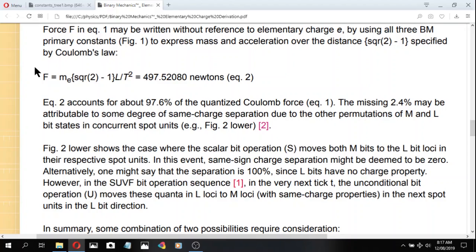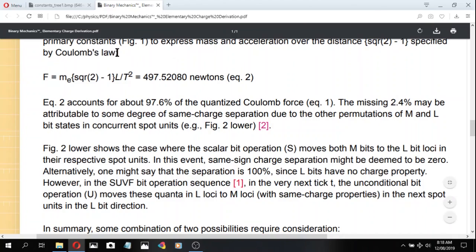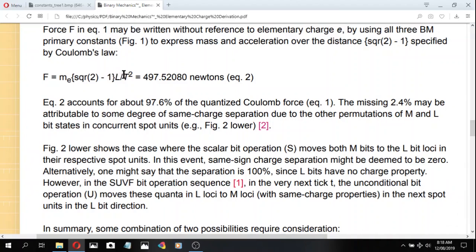Force F in equation 1 may be written without reference to elementary charge E. Yes, indeed, by using all three binary mechanical primary constants to express mass and acceleration over the distance specified by Coulomb's law. And here we have the expression for that in terms of newtons. Mass times the displacement in L units times L divided by time squared.